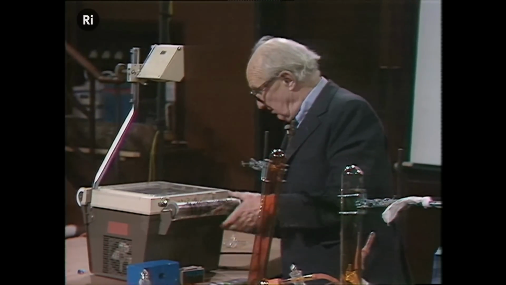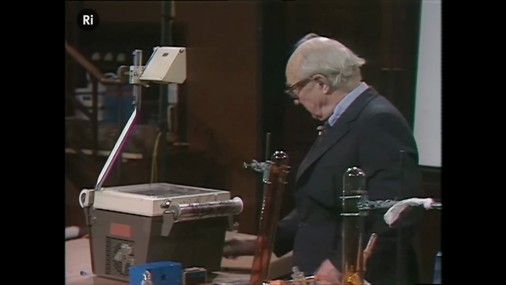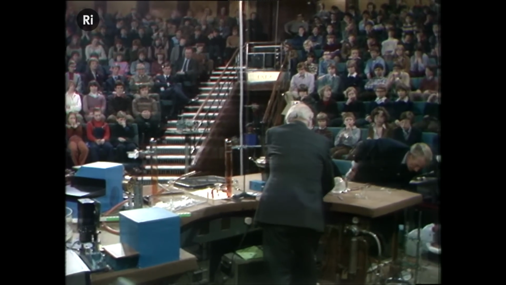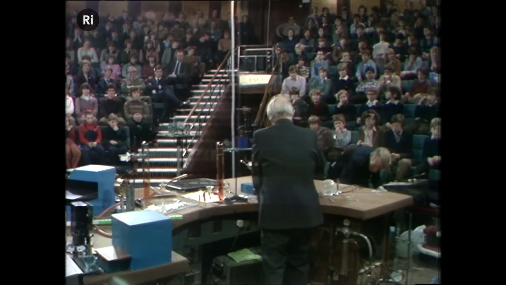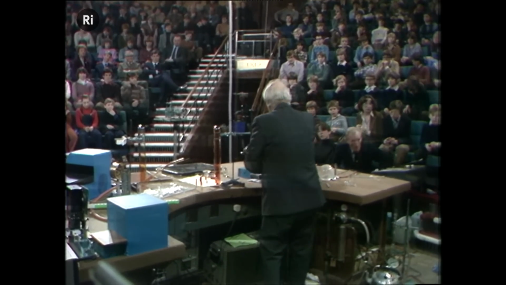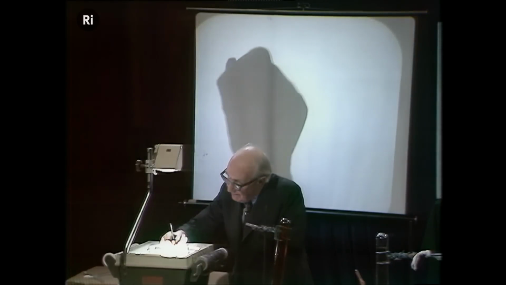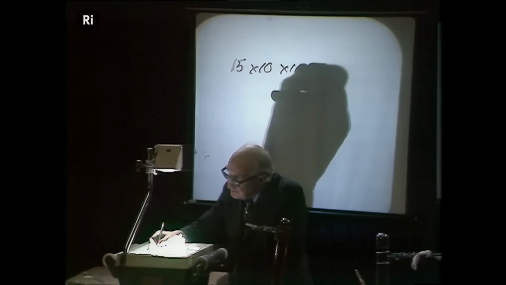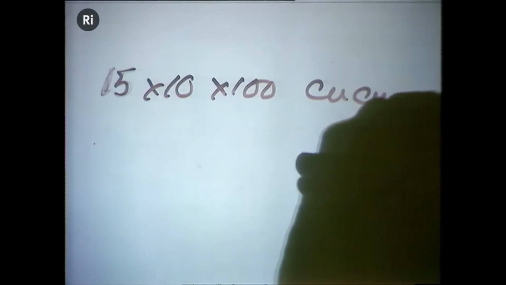And I'm sorry it's a round number because it looks as if I was just swindling. I'm not doing that. This plug not screwing. So I'm going to have here 15 by 10 by 100 cubic centimeters.